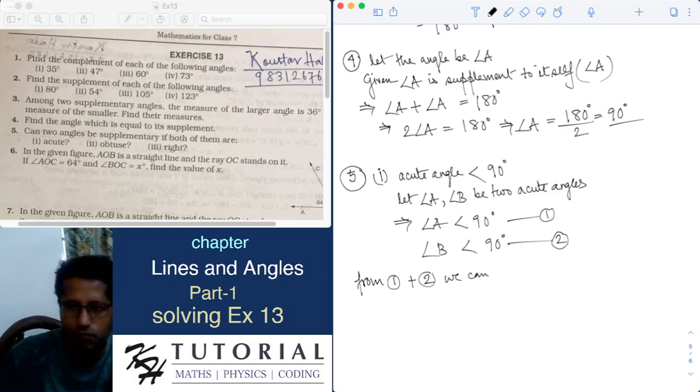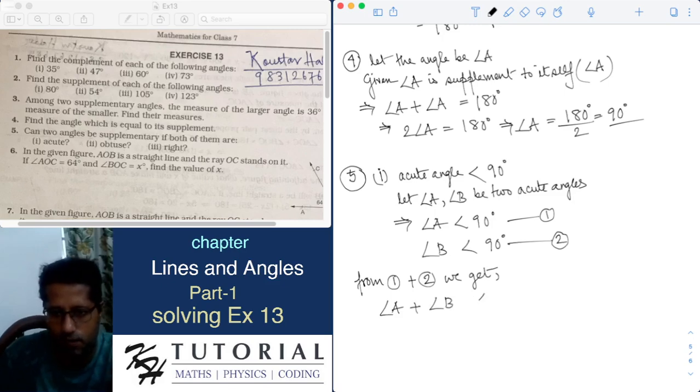We can say that angle A plus angle B is less than 90 degree plus 90 degree.